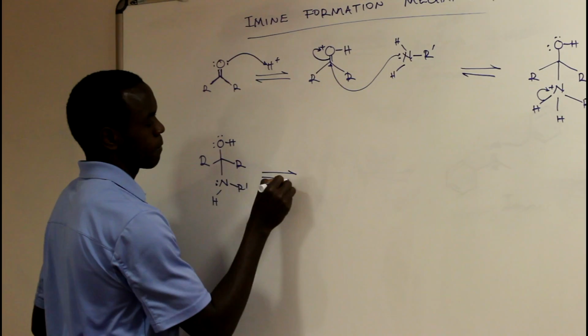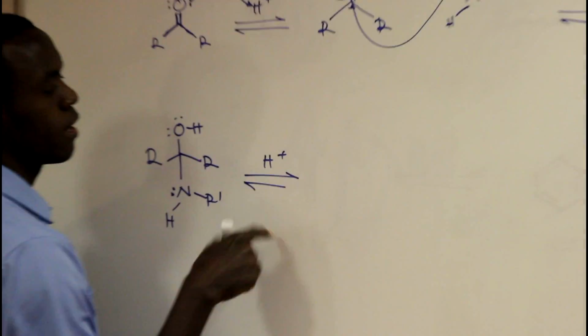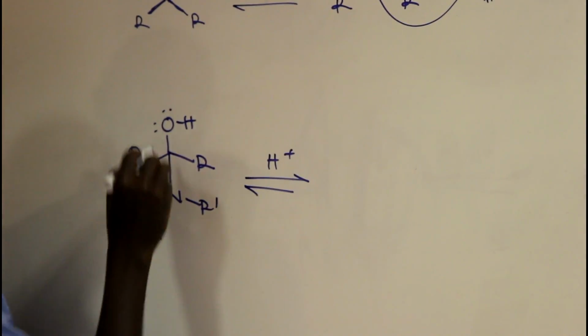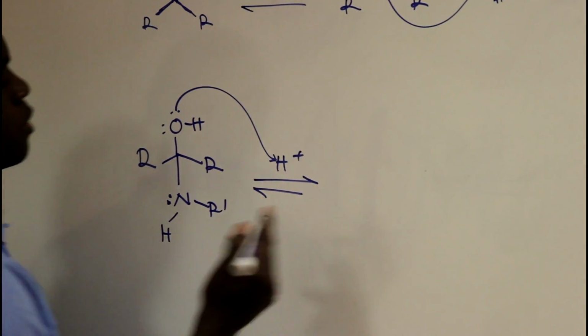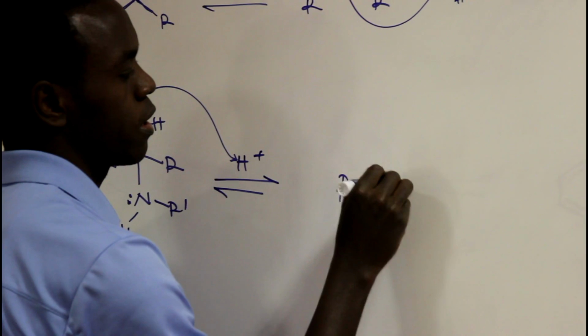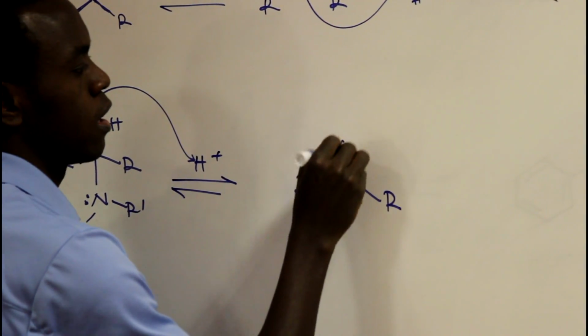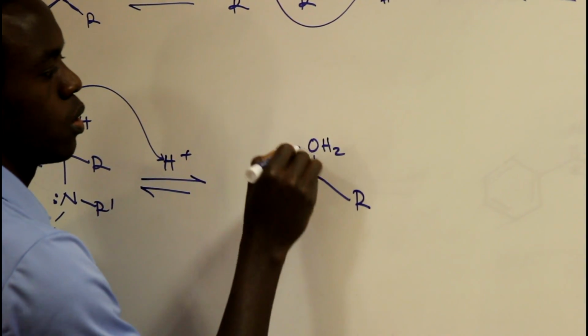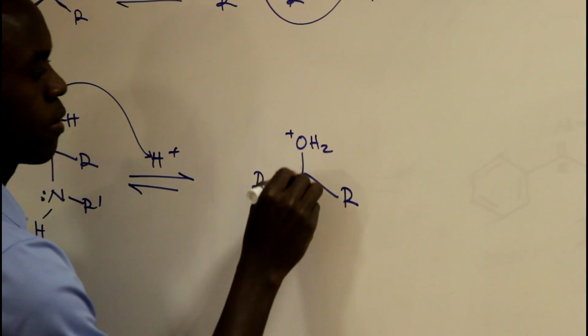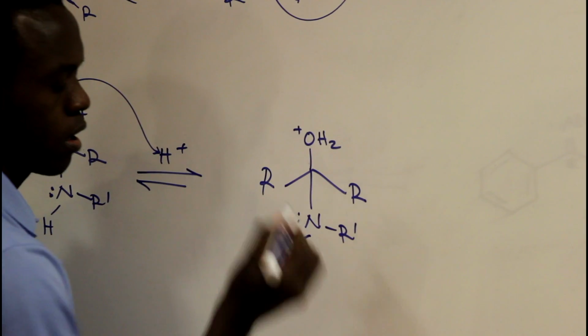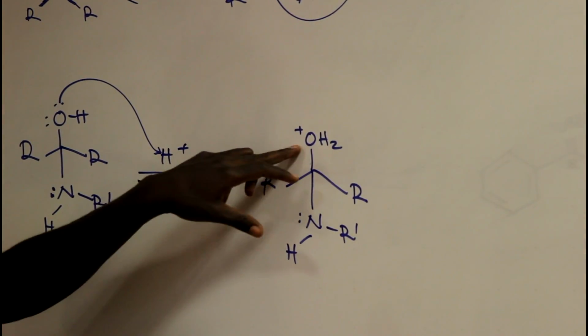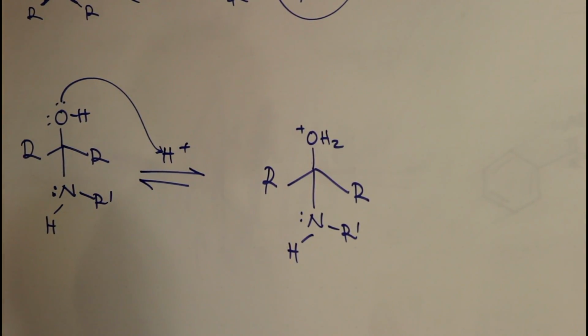So we have another proton coming in from the catalytic acid, and one of the lone pairs on oxygen will bind to that proton. This will give us R, R, OH2 plus, together with our nitrogen, R prime, hydrogen, lone pairs. Now this group can easily be lost.